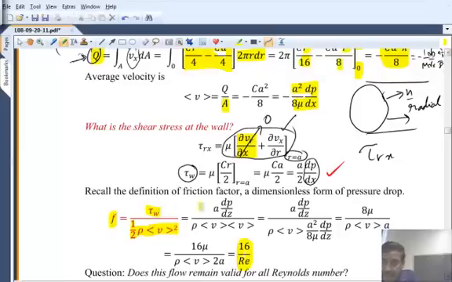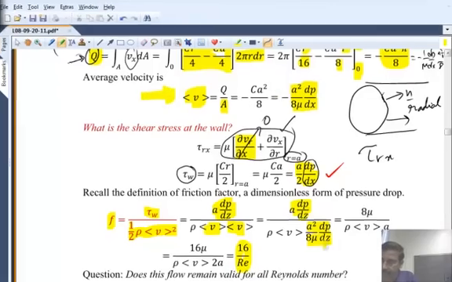We already know the expression for the shear stress. We obtained it at the wall. Okay, and we already know the average velocities in terms of the pressure drop. We have it there. So if you combine it, for example, in the numerator, replace it by A dP/dz, the pressure drop. In the denominator, I'm writing it as 1/2 rho V times V, but one of the V's I'm replacing with the pressure gradient that I have here in this line.